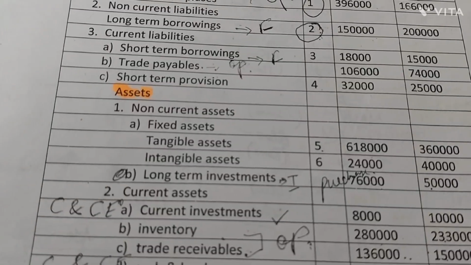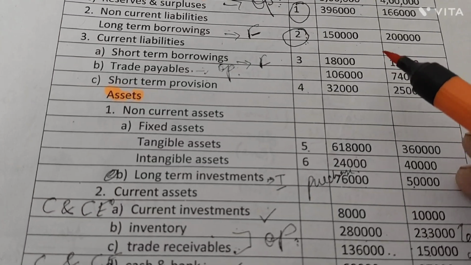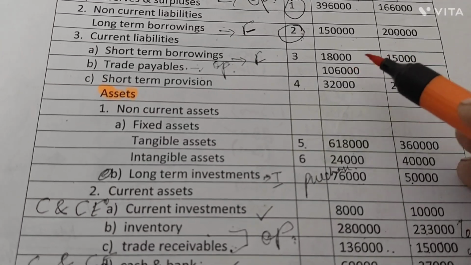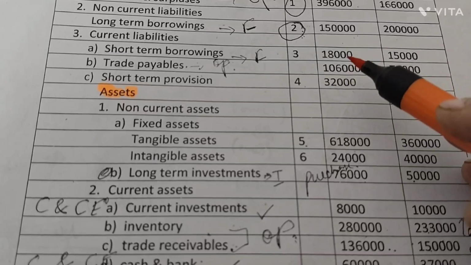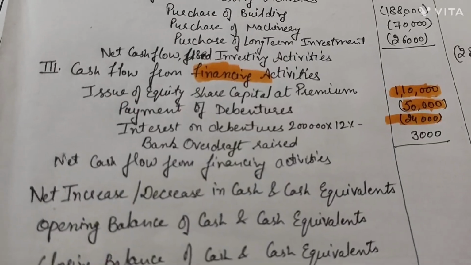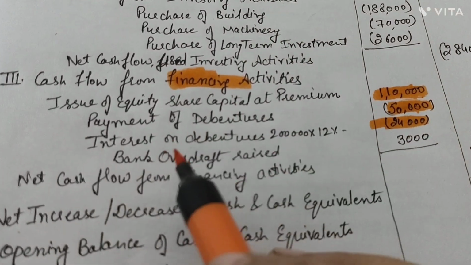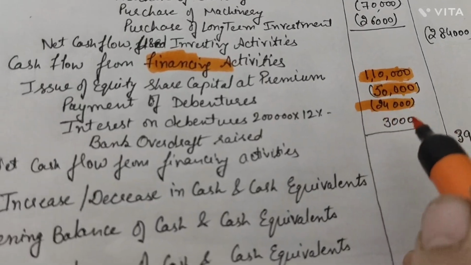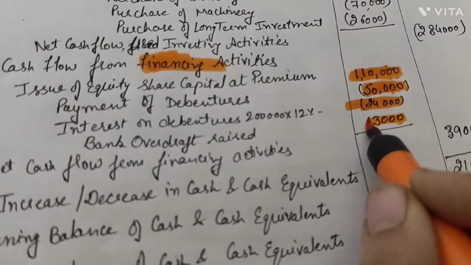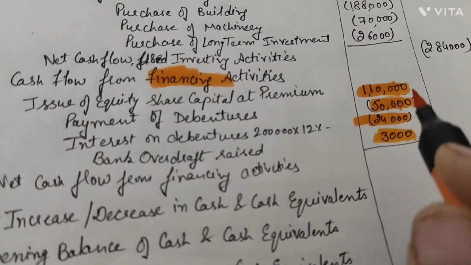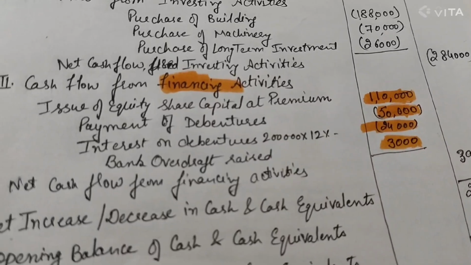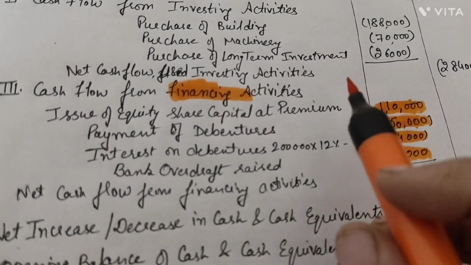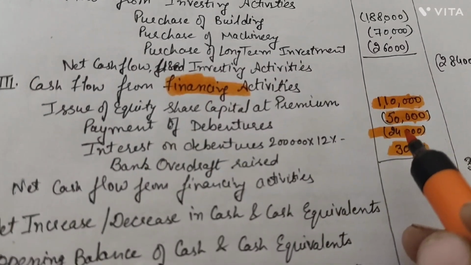Okay dear. The next point was about short-term borrowings, which I told you is the value of the bank overdraft raised. So under the head financing activity, bank overdraft raised is rupees 3,000. Now there must be one question in your mind that all other transactions we are taking at one place except interest on debentures, which we took at two places.